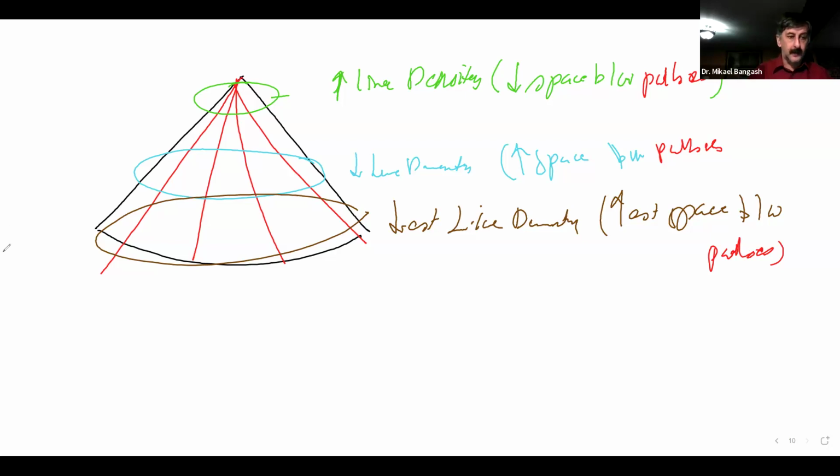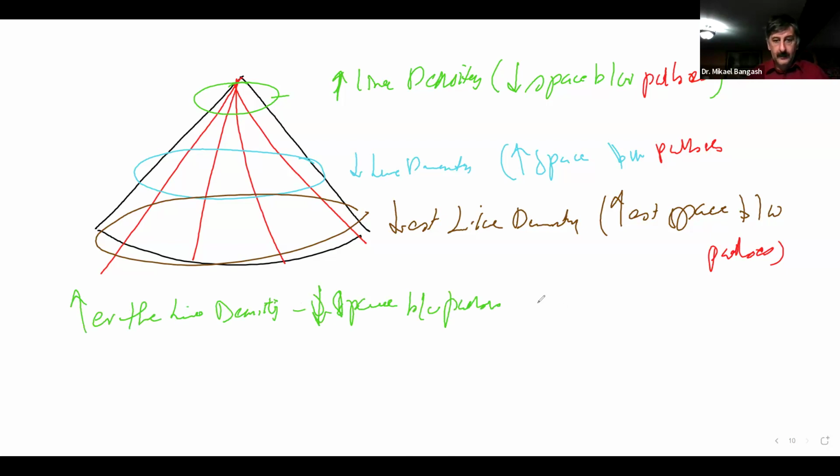So what we can say is, the greater the line density, what do we have? Lesser space between pulses, that needs to be built-in interpolated.